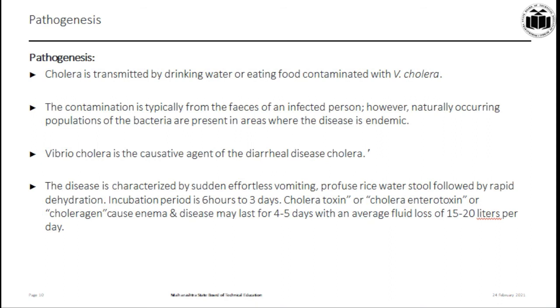When we look at the pathogenesis of Vibrio cholerae, you will find that in the history of the world, most of the pandemics were caused by the cholera disease, as this disease is transmitted by contaminated water and food.